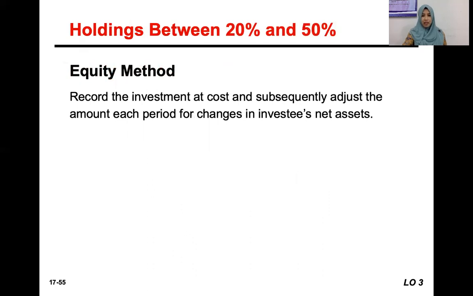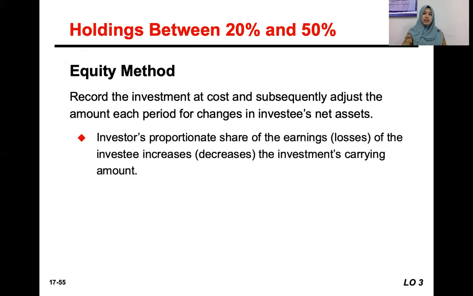Okay. For the equity method, when we purchase and acquire that equity investment, we record at the purchase price, the same as the other classification of equity investment. And subsequently, we adjust the amount each period for changes in the investee's net assets. What do we mean by changes in the investee's net assets?